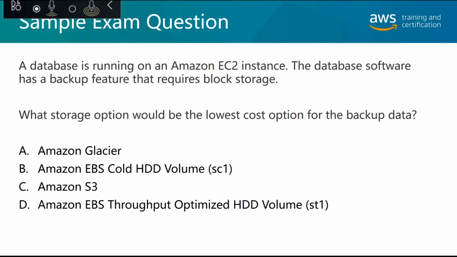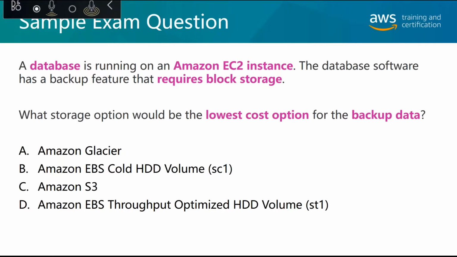I have a database running on an Amazon EC2 instance. The database software has a backup feature that requires block storage. So what storage option would be the lowest cost option for the backup data? So keywords: you have lowest cost option for the backup data, and it does require block storage.